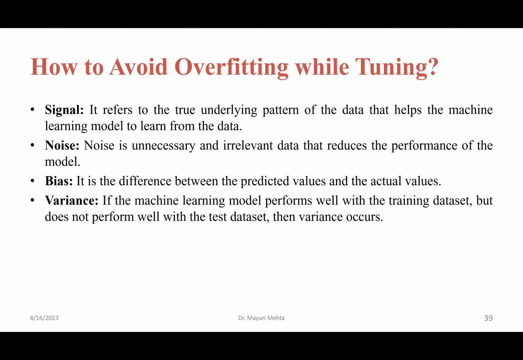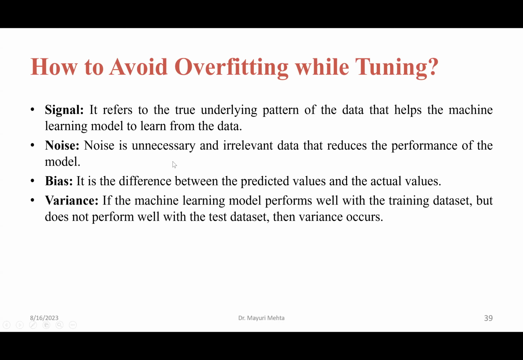When we prepare our data to fit a machine learning model, we remove this noise. There are different noise filtering techniques depending on the type of data, because data may be text, voice, or image. Depending on the type of data, we have different noise removal techniques, and this unwanted data is removed because it may hamper the performance of our model. So that is called noise.